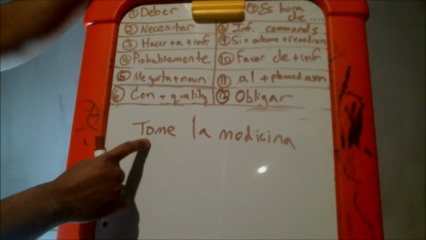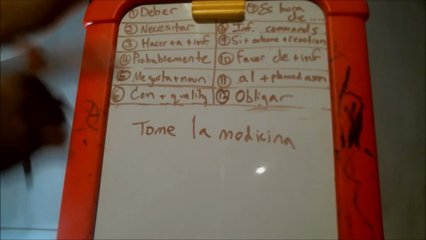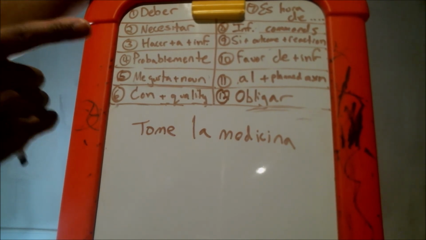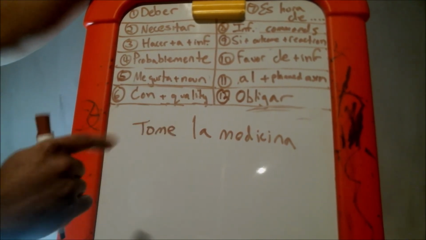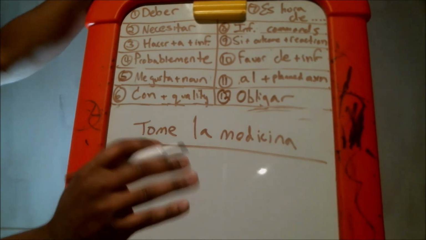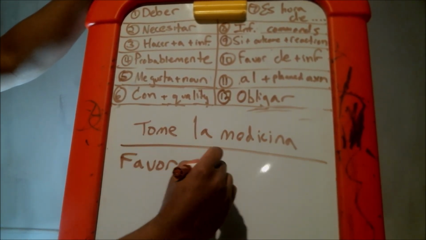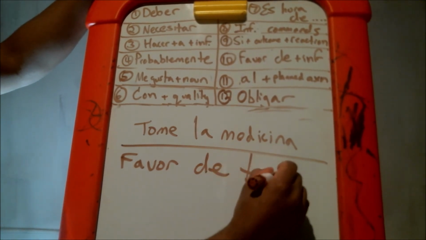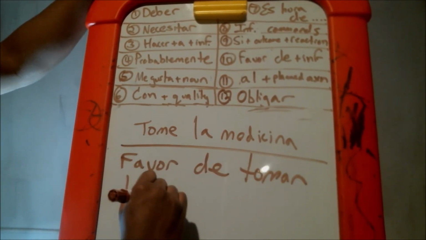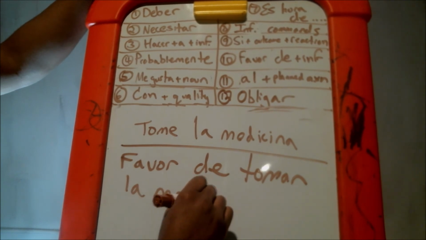How can I get around this? What if I forget? I know that tomar means to take, but I just don't know how to subjunctive it. How do I get this person to do my... Watch this. It's simple. You don't need subjunctive. Favor de tomar la medicina.